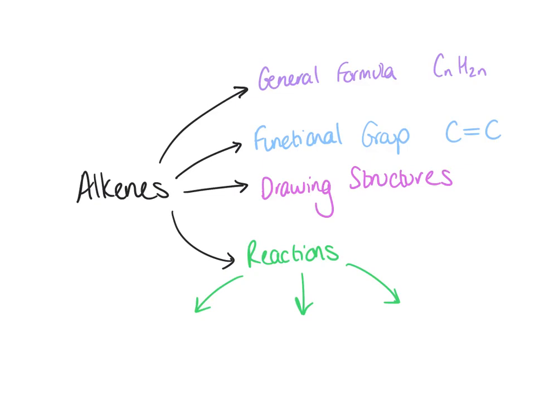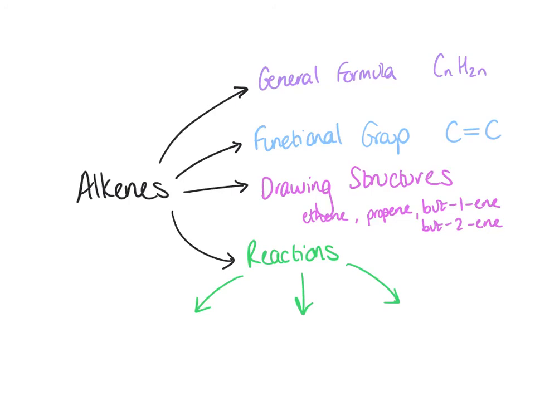You need to be able to draw the structures of ethene. Remember, there's no methane because we have to have at least 2 carbons. You must be able to draw it for propene, but-1-ene and but-2-ene. So make sure you can draw those structures confidently.